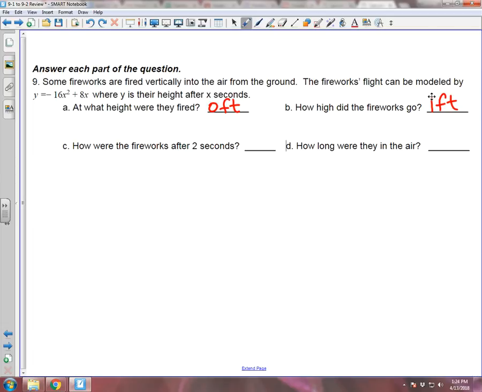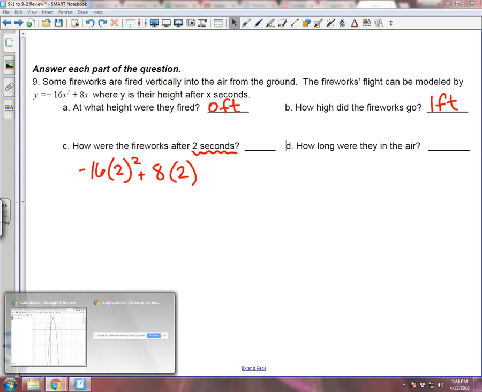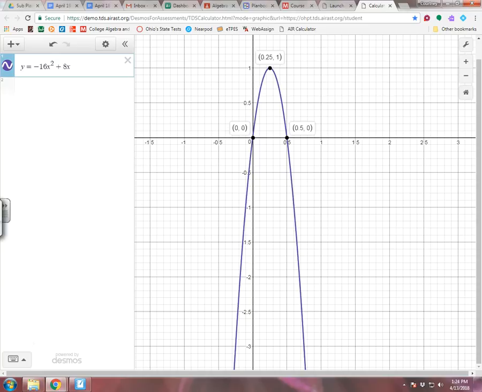Okay. How high were the fireworks after 2 seconds? So, 2 seconds. Is that a height or a time? Which is what variable here? X. So, I can either take this 2 and plug it in like that, or I can look at my graph where the X is 2, which is going to be way down there.